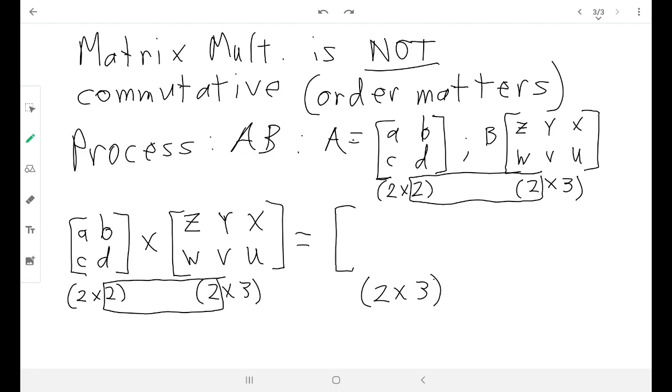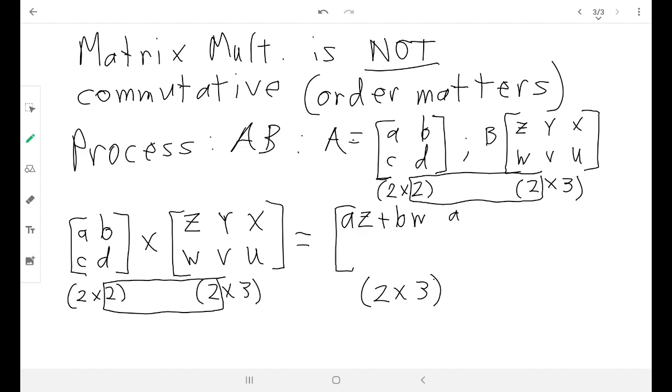Okay? So let me show you how that would work. It's this one times this one, so A times Z plus this one times this one, B times W. So that gives you this row connected with that column, and that gives you the first element. And we're going to keep getting elements that way. Then we're going to do the first row and the second column, and that's going to give us the second element for the first row.